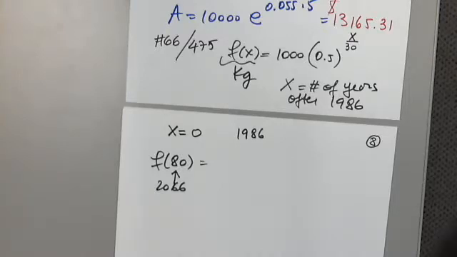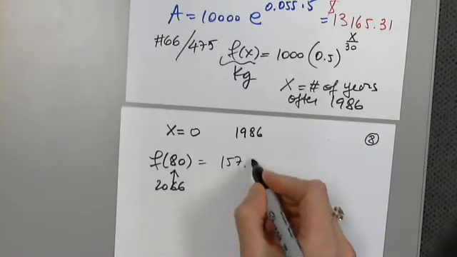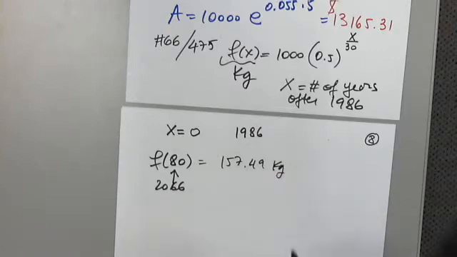So I will click enter, and we get 157.49, and the measurement unit, don't forget all these measurement units: 157.49 kilograms of cesium-137 is still present in the atmosphere, even 80 years after the incident.